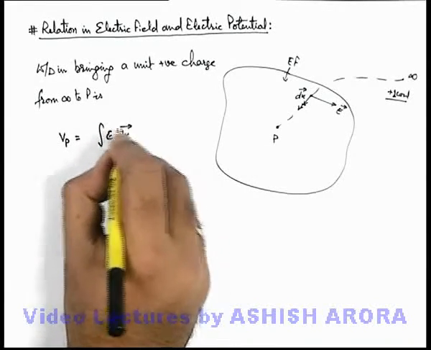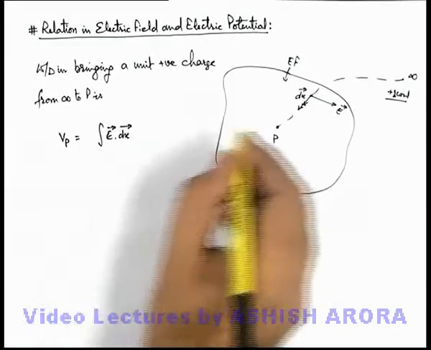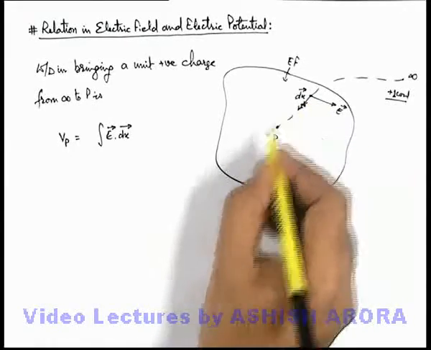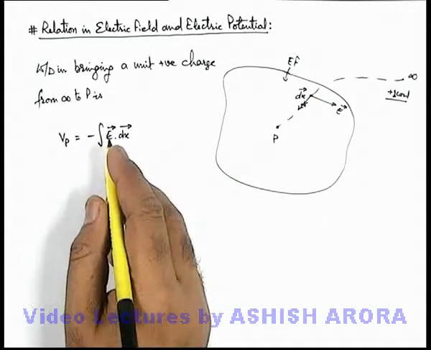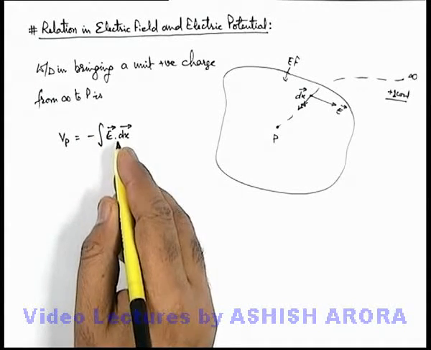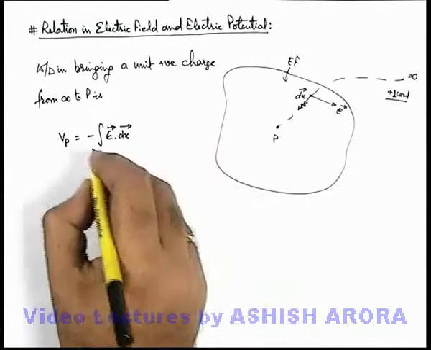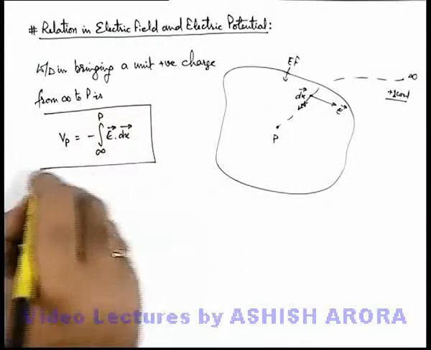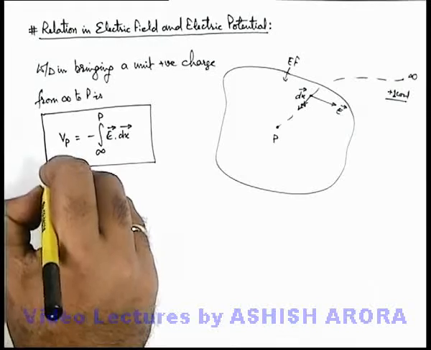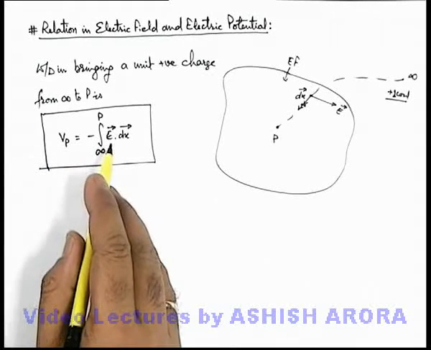It is the work done by the electric field in displacing the unit charge by distance dx in its path. We put a negative sign, which gives the external work done in shifting the charge towards point P by dx, and we integrate it from infinity to point P. This is the expression for electric potential that we can calculate by using the electric field.